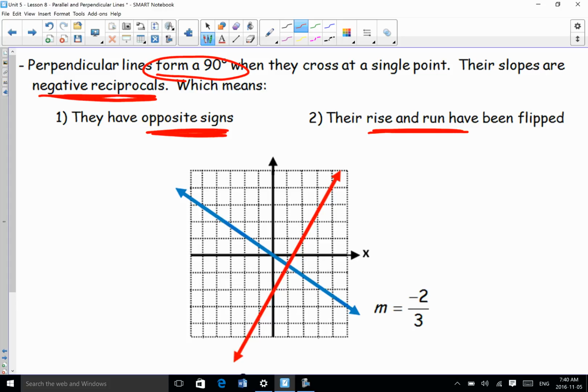So for example, in the blue one here, we have to go down 2 and over 3, but the red one, between two nice points, goes up 3 and over 2.